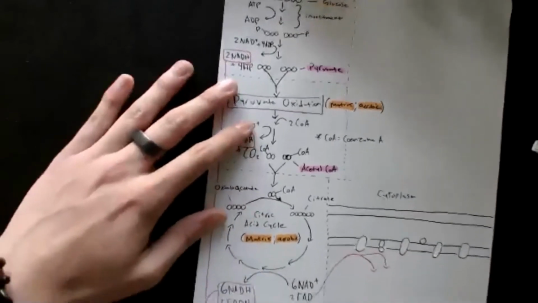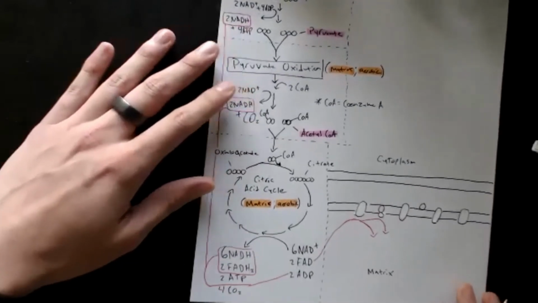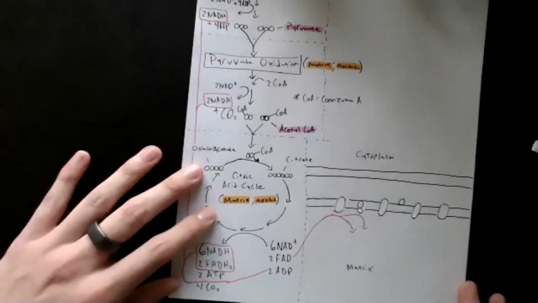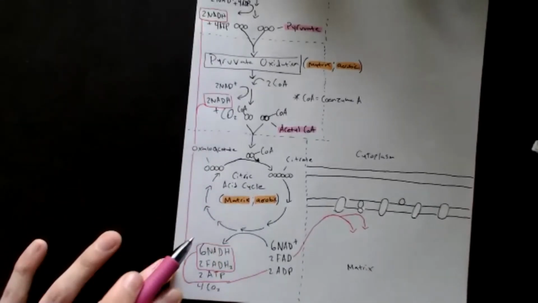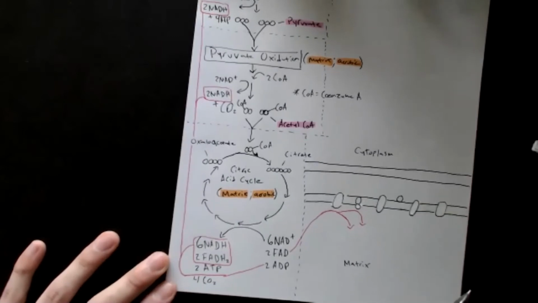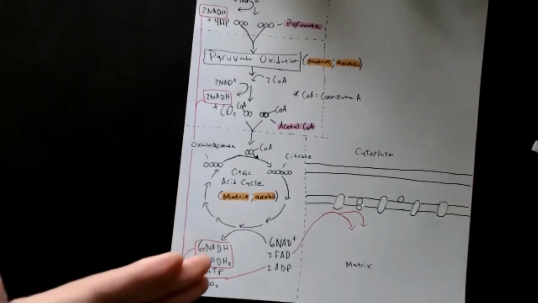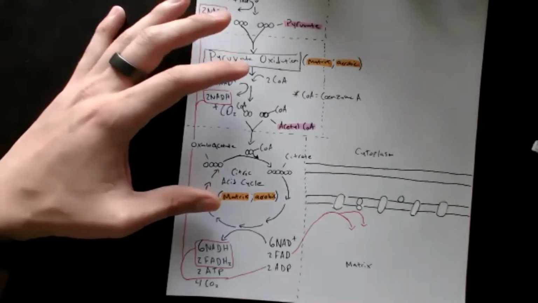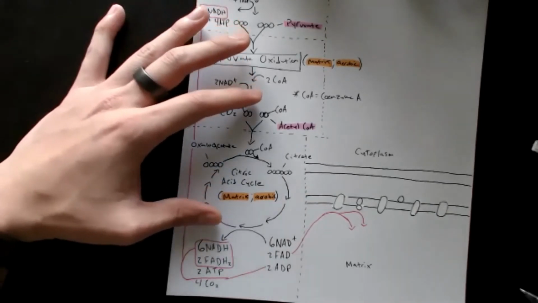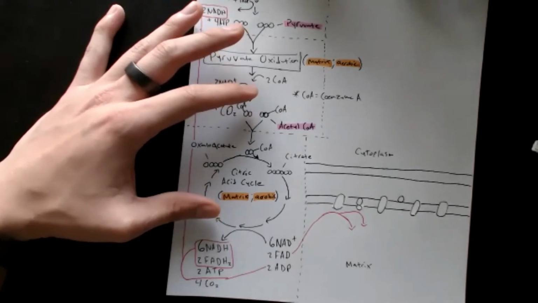So I circled all of the electron carriers from the top, and they're all being brought to the matrix of the mitochondria, in which they drop off their electrons.